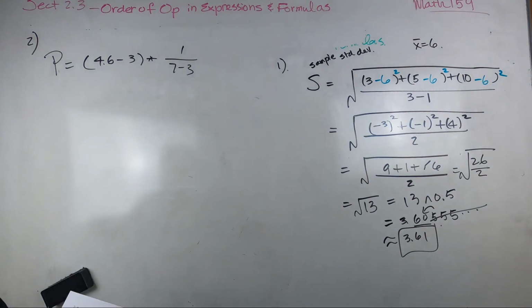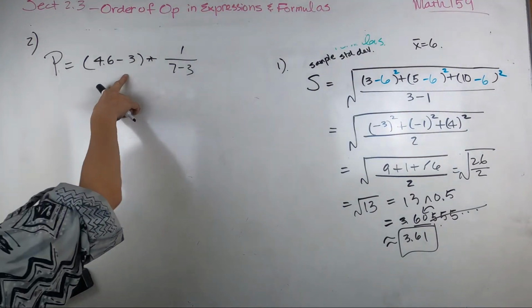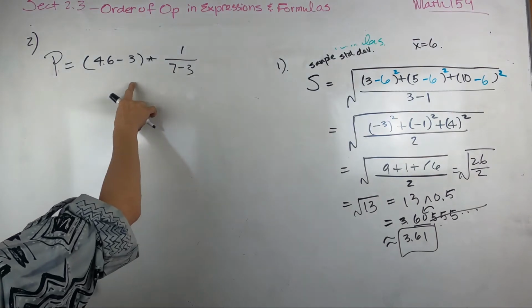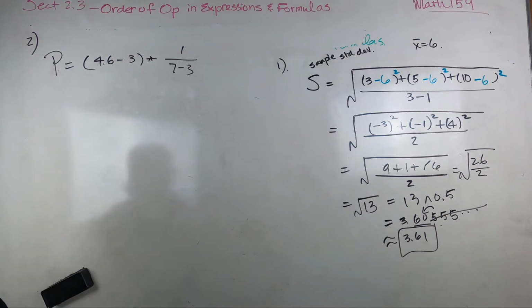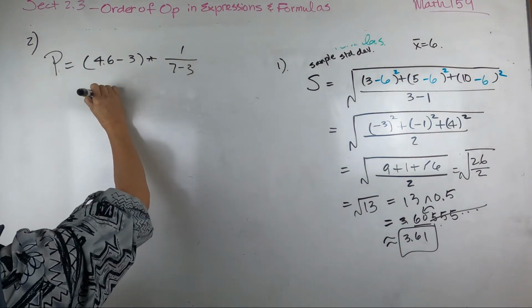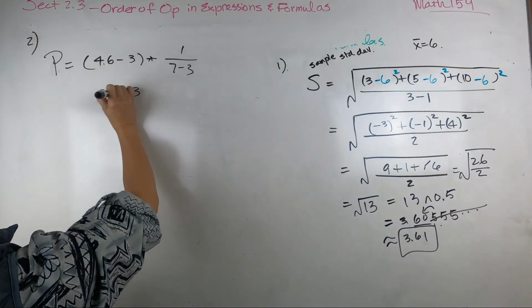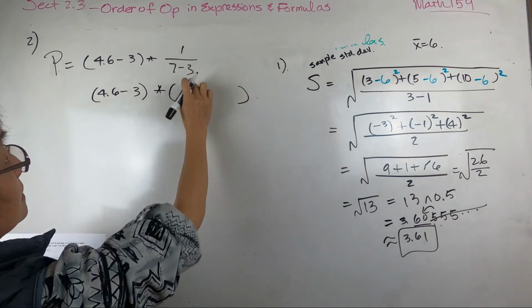If you enter it into the calculator, you can do it individually: 4.6 minus 3 is 1.6, then times 1 over 4. Or you can enter it all into the calculator. If you do that, you have to do it by group. That's your group, then you have to multiply by this one.